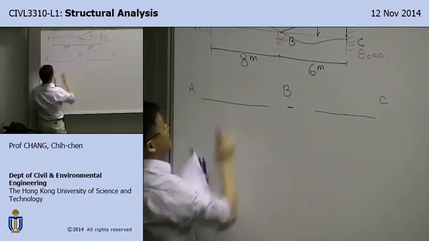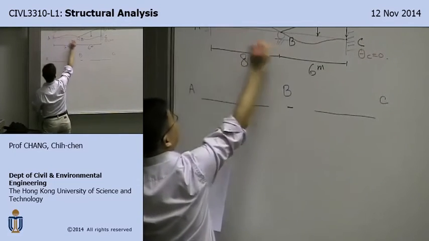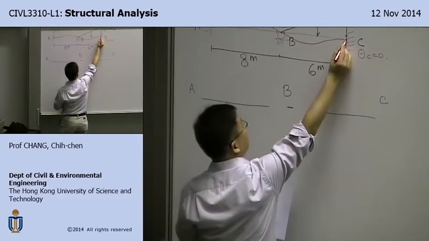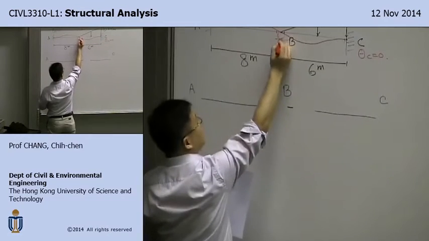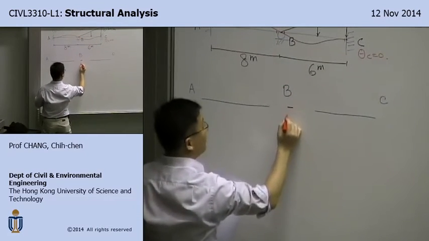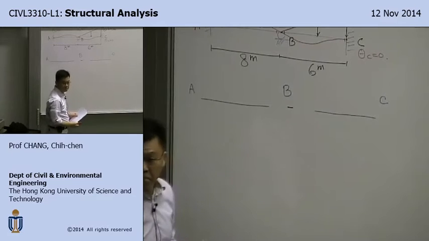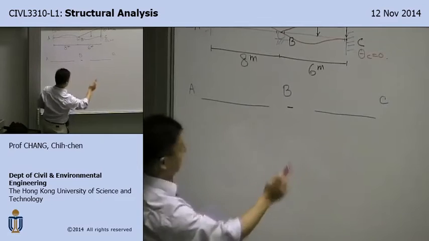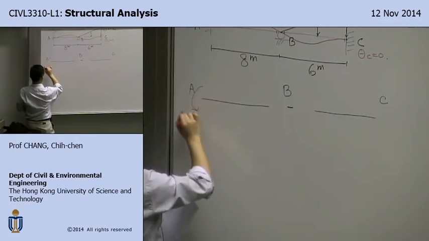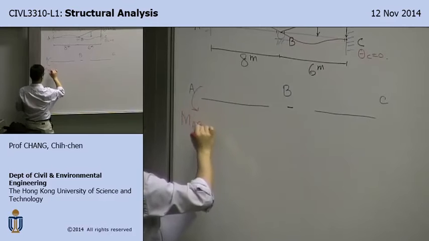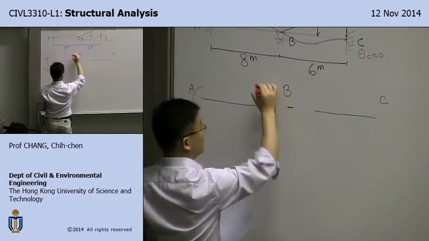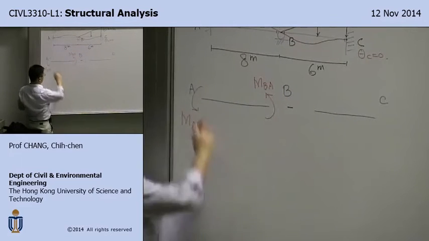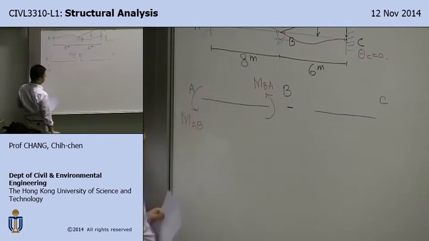So in a way, I'm modeling the structure like this here. Here, I call it element AB. Here, and here, I call it element BC. And the connection point there, I single out, call it node B. OK, so let me put down: this is MAB, this is MBA, the end moments for element AB.